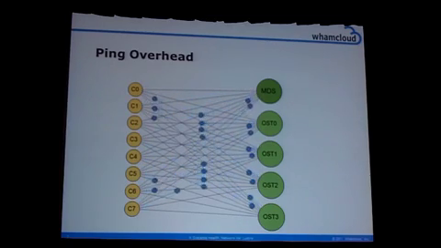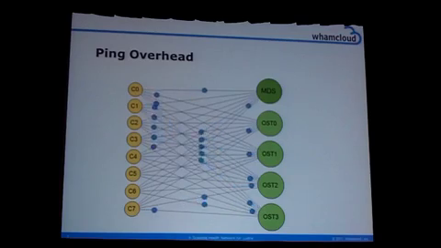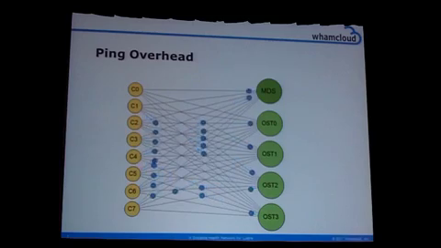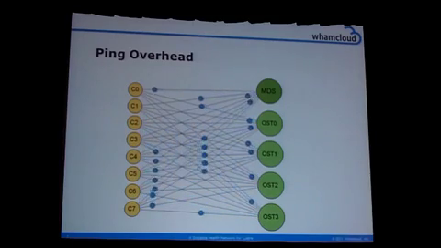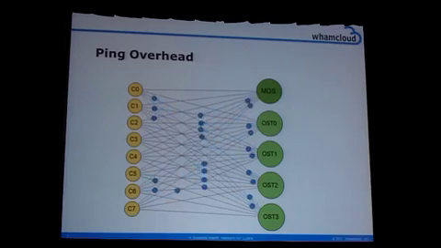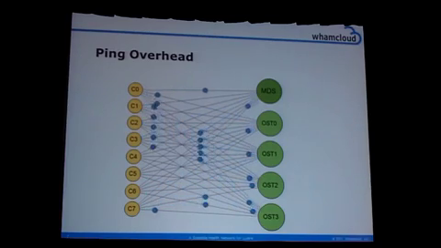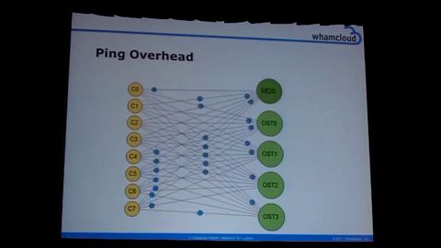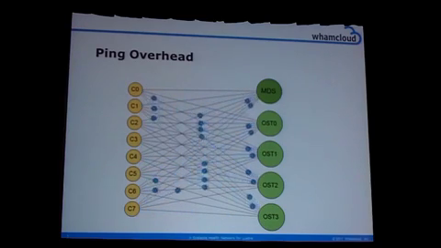Okay, now let's increase that up to 20,000 clients and a few hundred servers. How are the servers ever going to get some work done?